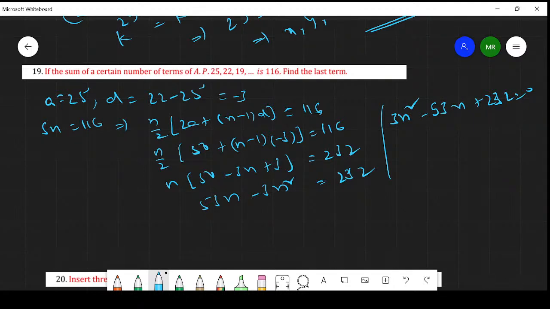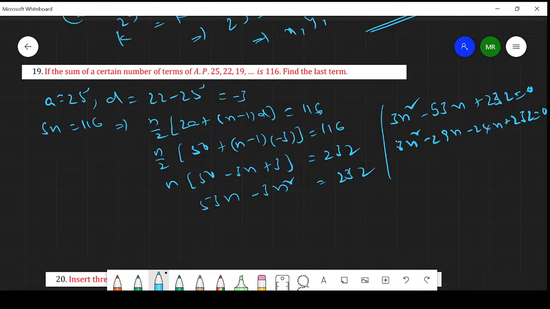Correct? Now find the factors of this. Factorizing 232 into 3n square, you will get 3n square minus 29n minus 24n plus 232 equal to 0. You know factorization.